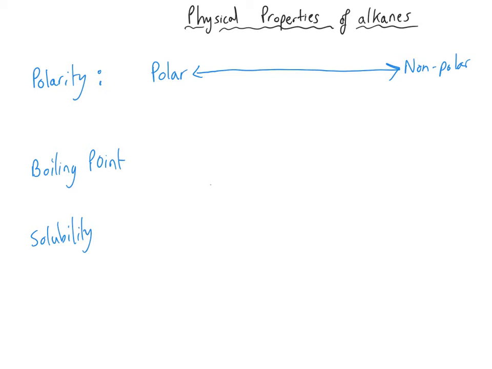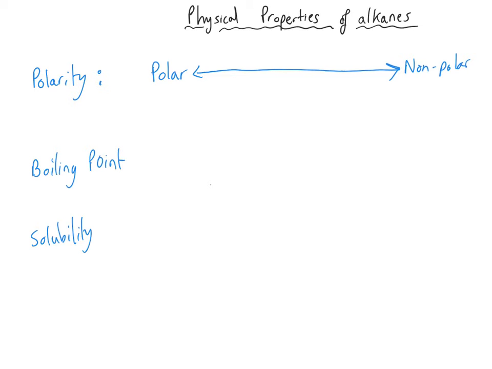end. Now, alkanes are almost all non-polar, and that's because the electronegativities of carbon and hydrogen are really, really similar. And so as a result of this, the intermolecular forces between the molecules in alkanes are very, very weak. They are the van der Waals forces.